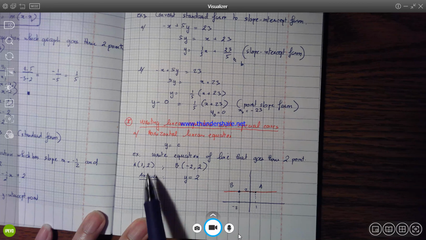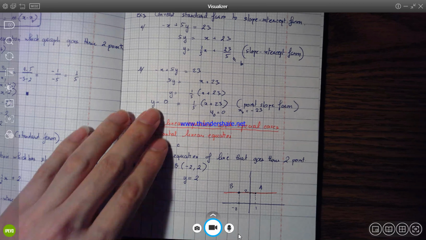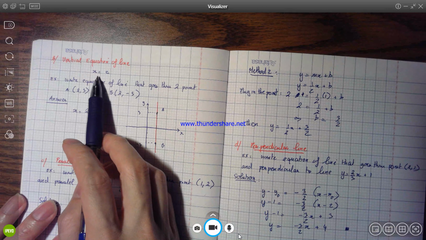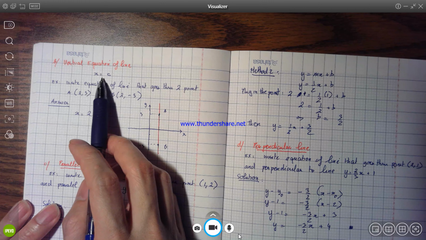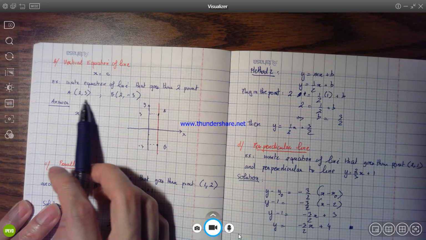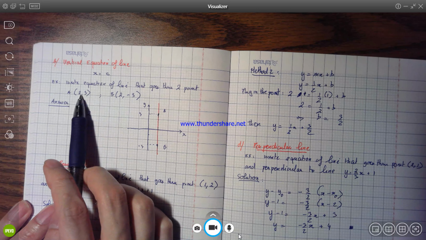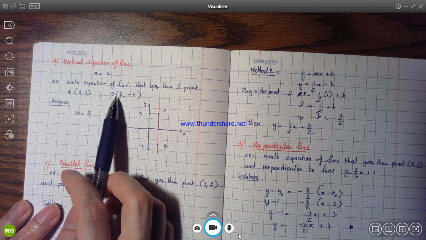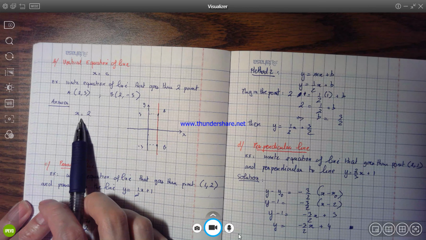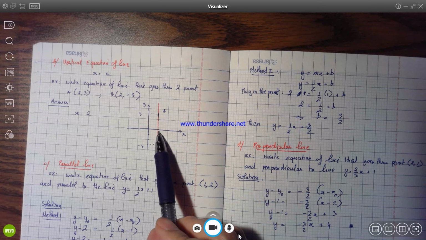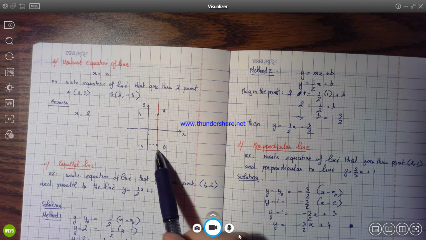Similarly, for the second case, when we have a vertical line, we start with x: x equal to a number. If you have the same x component, then the vertical line will be x equal to 2. If you grab 2 points on the coordinate system, (2, 3) is point A over here and (2, -3) is point B right over here.